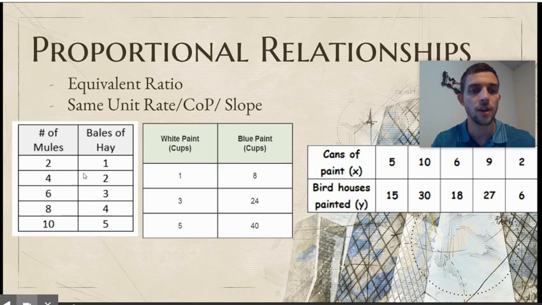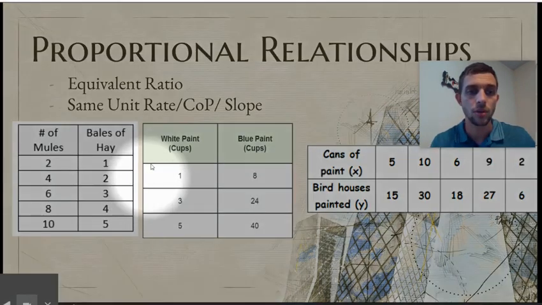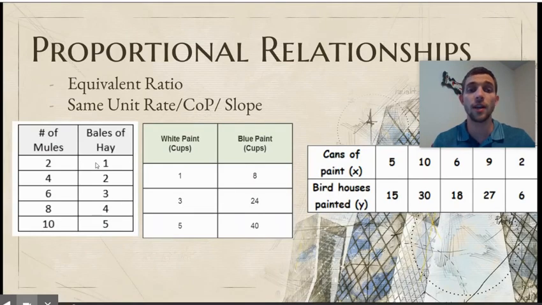So in this case, we have an equivalent ratio 1 and 2. That ratio tells me that there is a relationship of 2 mules eating 1 bale of hay.